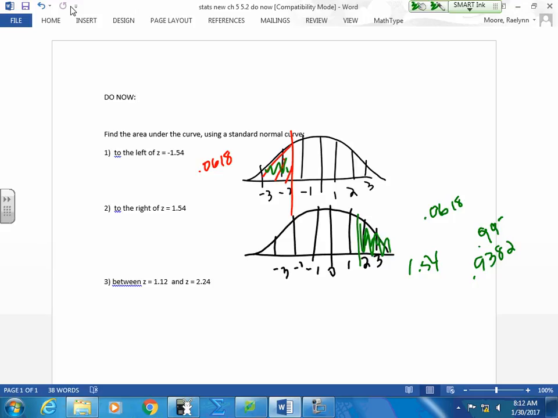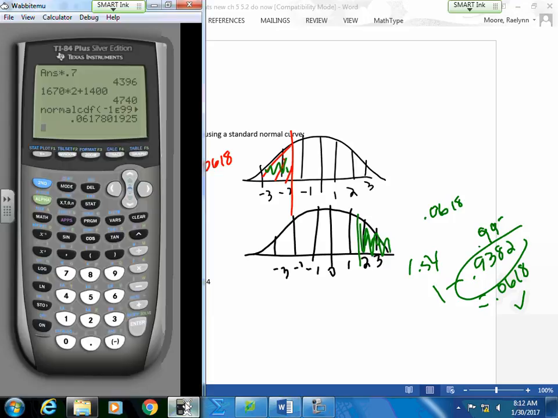Now, when you look this up, you say, can that little area be so big? Can that be greater than 50%? I'm looking for something smaller than 50%. So I know to subtract from 1. And do I get the same answer? Absolutely. If I do it on the calculator, it already takes care of this part.